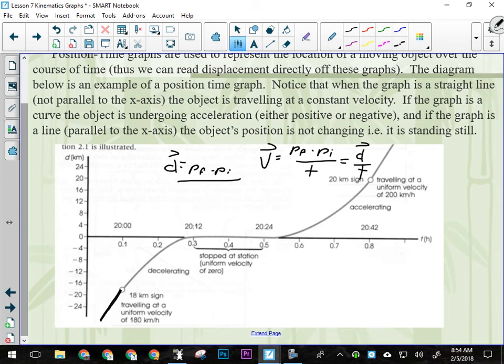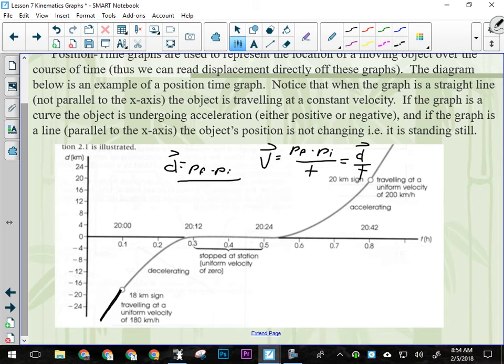How do I know that a straight line on this graph is equivalent to traveling at a constant velocity? That's something I should just be able to recognize when I look at the graph. I say recognize, not memorize.